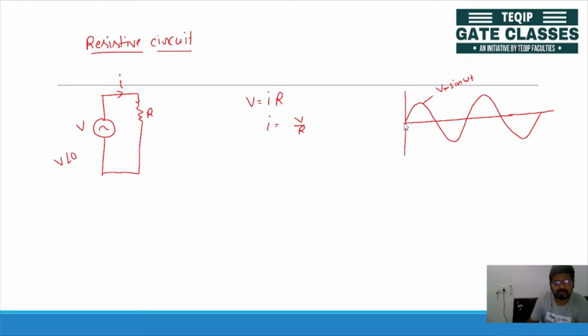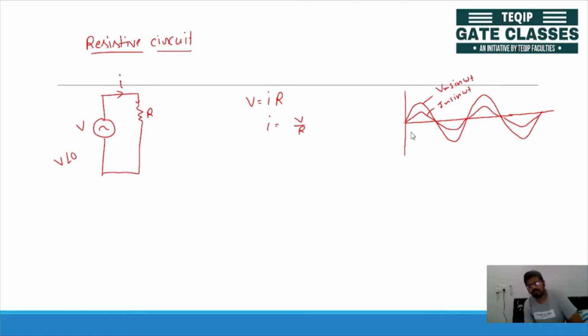The current will also be in phase with the voltage, and it will be like this. The magnitude will be different because it will be V by R, but they will be in phase only. So this is the equation of current, Im sine omega t.